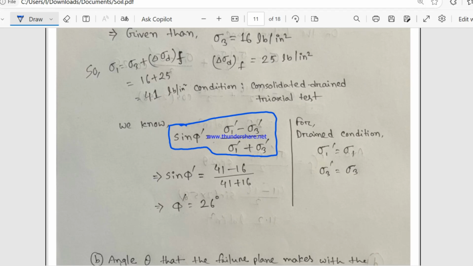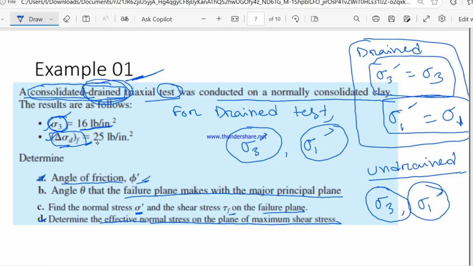We have sigma 3 equals 16, but we don't know sigma 3 prime.